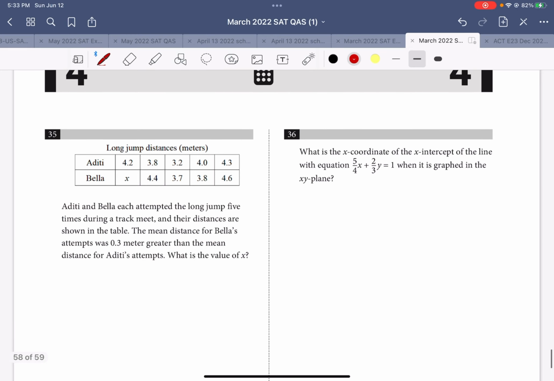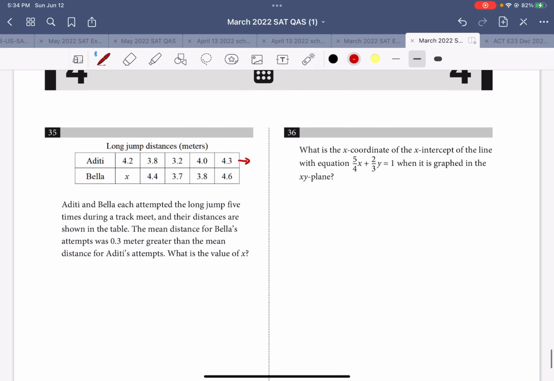Next one, number 35. Aditi and Bella each attempt the long jump 5 times during the track meet, and their distances are shown in the table. The mean distance of Bella's attempts was 0.3 meter greater than the mean distance for Aditi's attempts. What is the value of x? Okay. So you can find out their average first. What is the average of Aditi's long jump distance, right? So you add all of them and divide by 5.